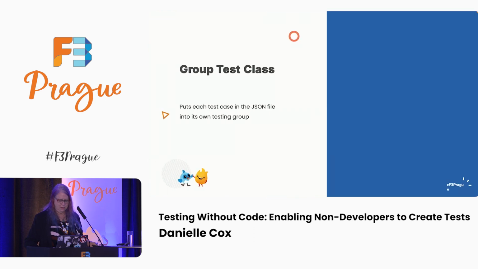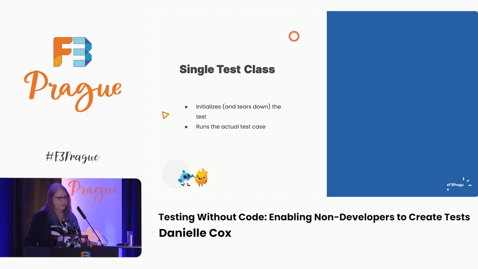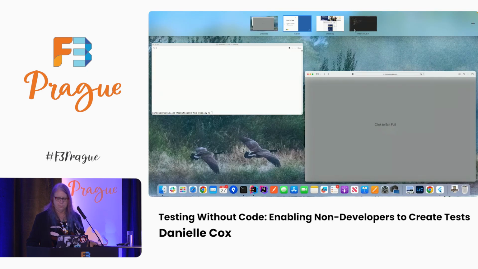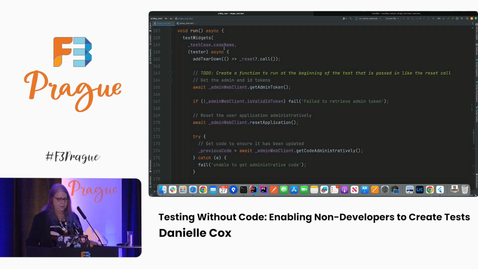On the single test class, it's responsible for initializing the test, tearing it down, and it has to run the actual steps that we're doing. Okay, and if we want to look at that code, come over here, and it starts with the test widgets, which once again is from Flutter test.